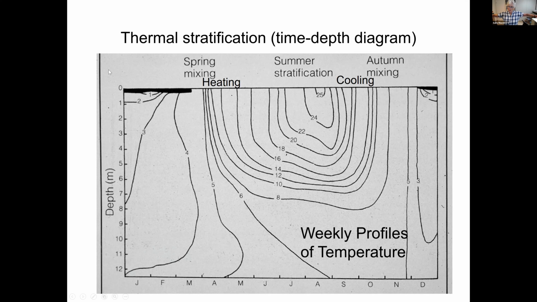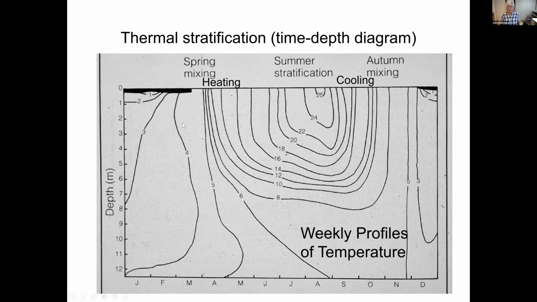But because Wetzel has a whole year showing, we can now look at what a dimictic lake really looks like. So the y-axis is depth, and the x-axis is all the months of a year. The black here means there's ice, so it melted away towards the end of March, and then the ice reformed around December.